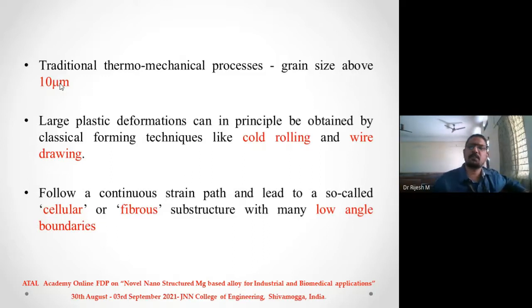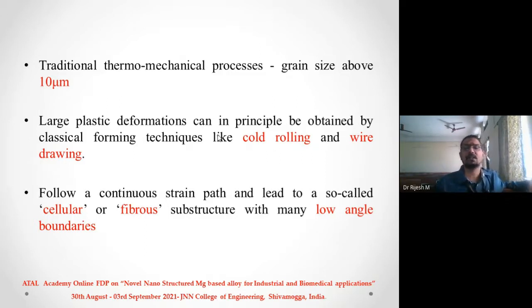Large plastic deformations can in principle be obtained by classical forming techniques like cold rolling and wire drawing. Yes, these two processes, cold rolling and wire drawing, are processes where your deformation is tremendously high. We go for a wire drawing process at 50 meters per second, sometimes 50 to 200 meters per second.